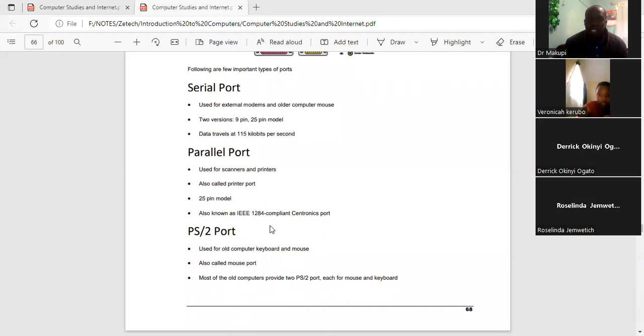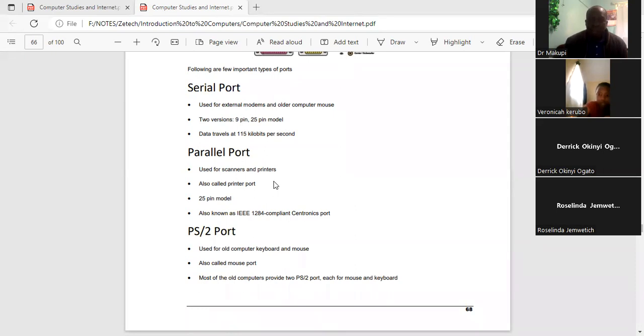So the parallel port is known as IEEE 1284 compliant Centronics port, which is a standard guiding that parallel port. Even if another manufacturer wants to come up with a parallel port within their PCs, they need to be compliant with IEEE 1284 as the standard defined for those devices.